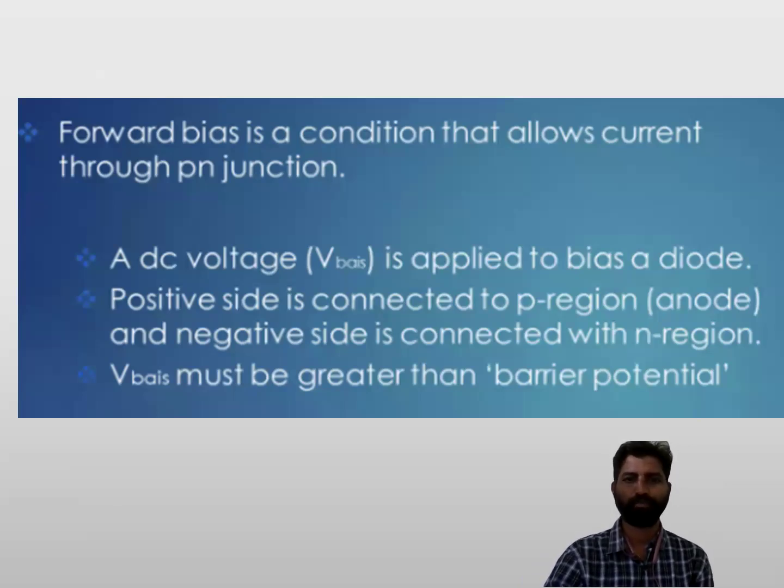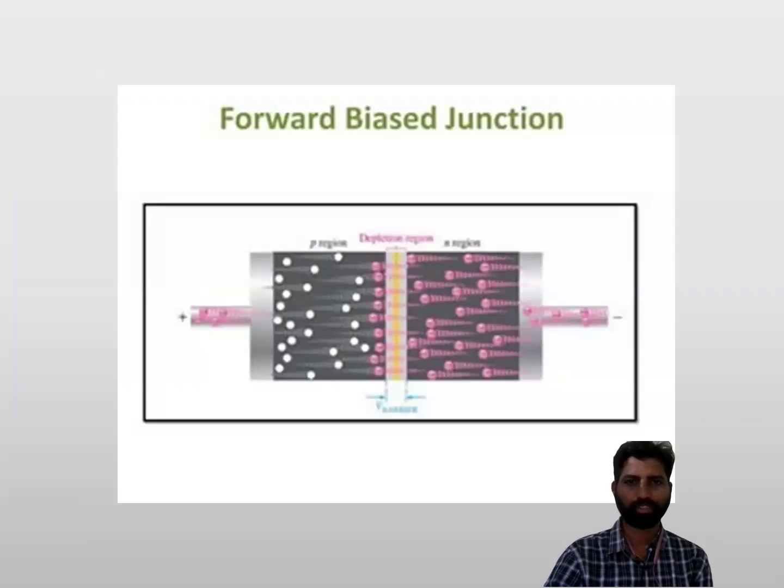The bias must be greater than the barrier potential, and the barrier is 0.7 for silicon and 0.3 for germanium. The applied battery voltage should be greater than the barrier potential, then only the depletion region will decrease. Once the depletion region decreases, then there is the charge carrier flow.